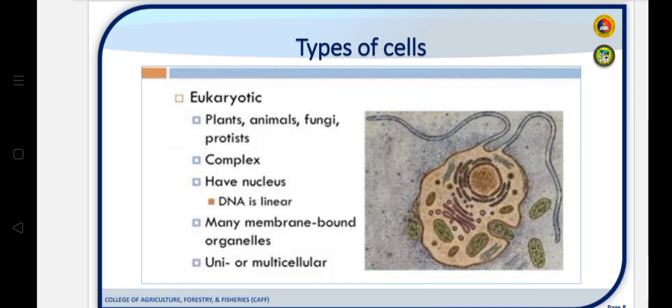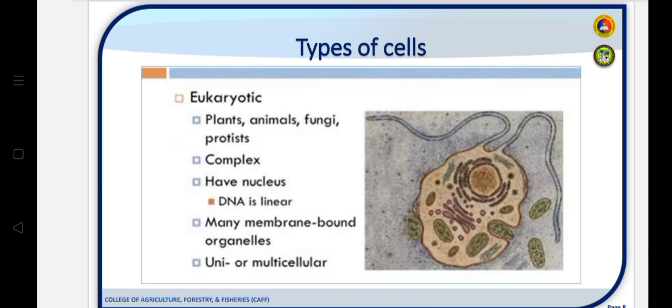Alright, let's move on. The second type of cell is called eukaryotic cell. Eukaryotic cells are more advanced and more complex than prokaryotic cells. Eukaryotic cells are found in plants, animals, fungi, and protists.